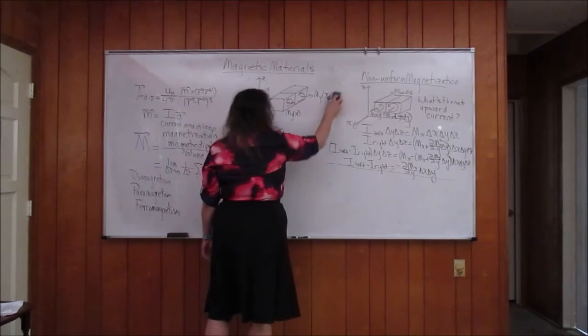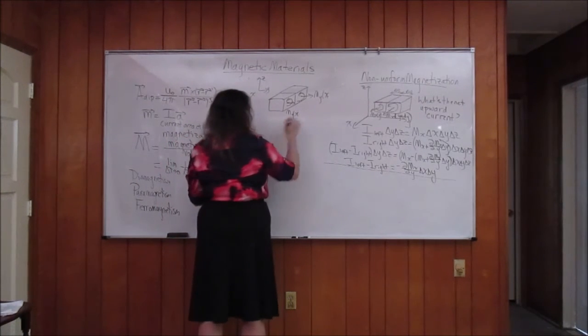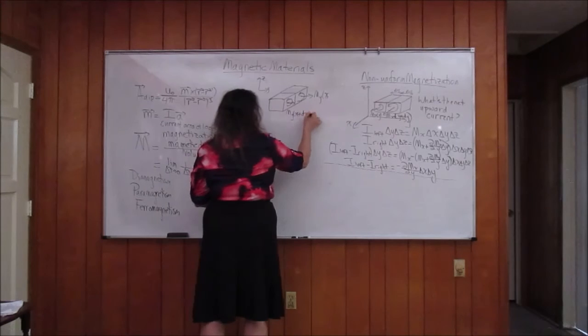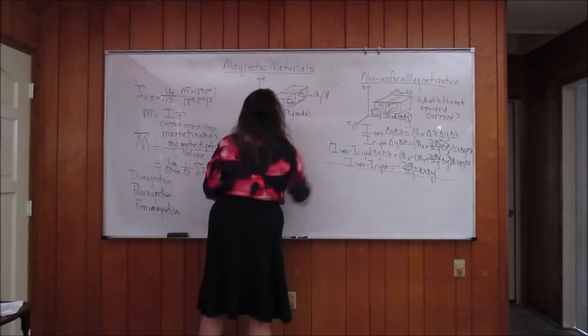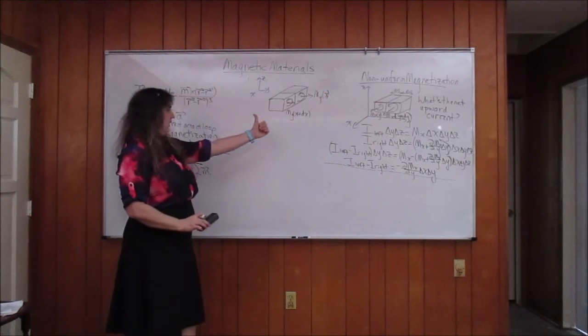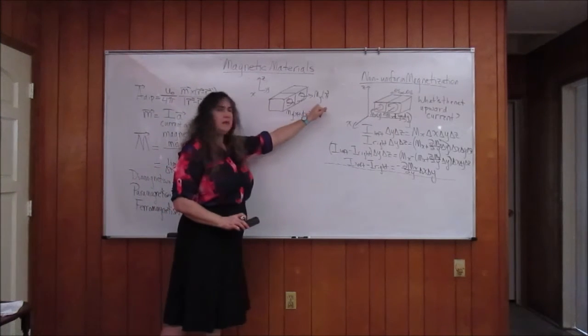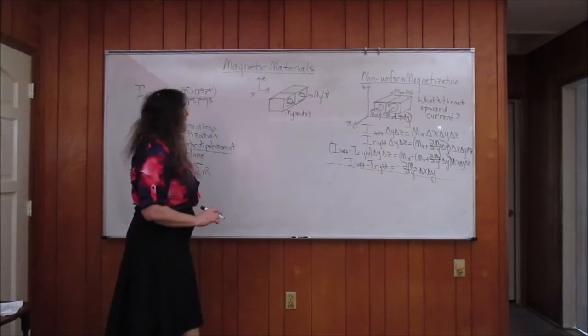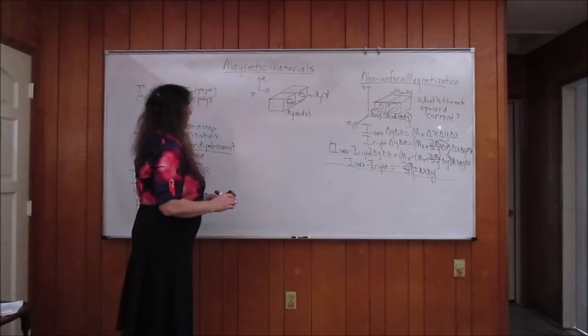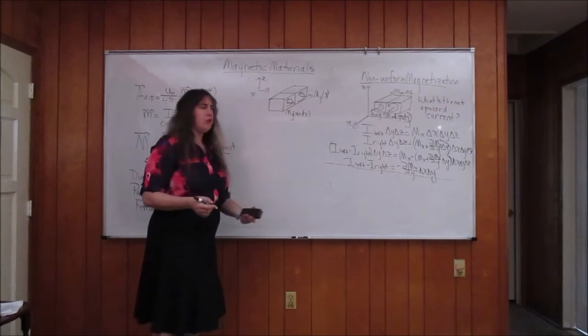Actually, let me reverse this, because x is positive out of the board, so we have my at x plus dx, and here we have my at x. I'm going to follow the same procedure as before and figure out the net current upwards.